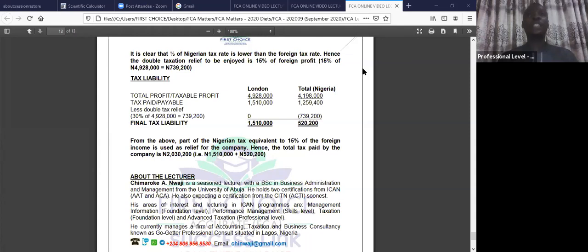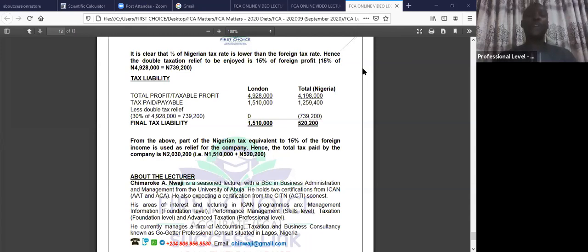If Nigeria is higher than the foreign tax rate, we use half of the foreign tax rate. If the foreign tax rate is higher than Nigeria's tax rate, we will now look at how much the Nigerian tax rate is higher than half of the foreign tax rate. That is what will be used as your relief.